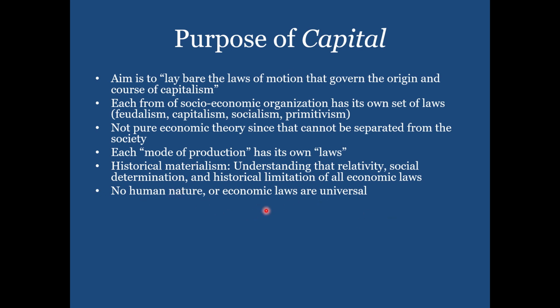Same thing with economic laws. Economic laws change depending on your means of production. So again, a bit of relativism. But they don't think there's anything such as a universal law per se. So then this comes up, where capitalism is a product of history, so it's historical determinism, basically. Again, going back to historical materialism.